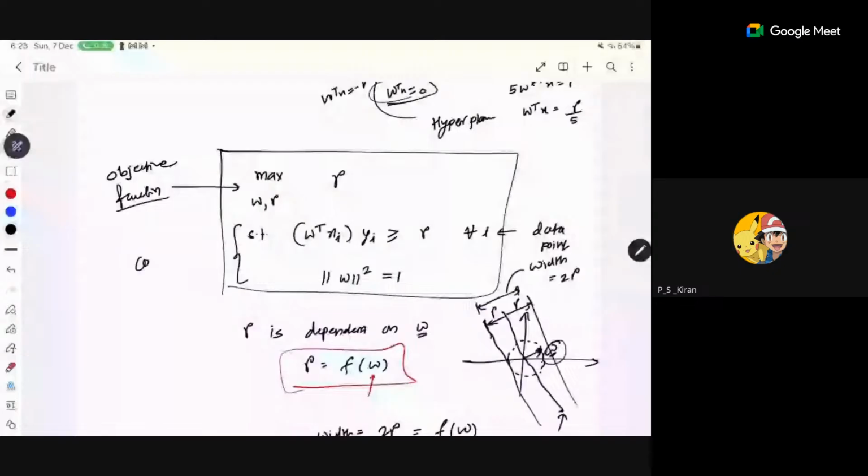Still it is breaking? Yes sir, sometimes in between. Okay, maybe it is a network issue. Let me know if it is breaking a lot, then I'll switch the position maybe. Okay.